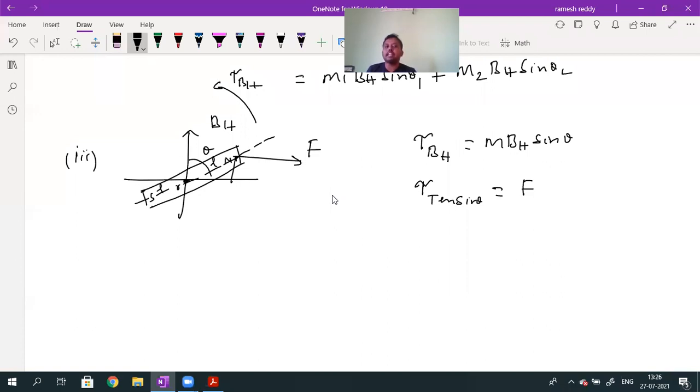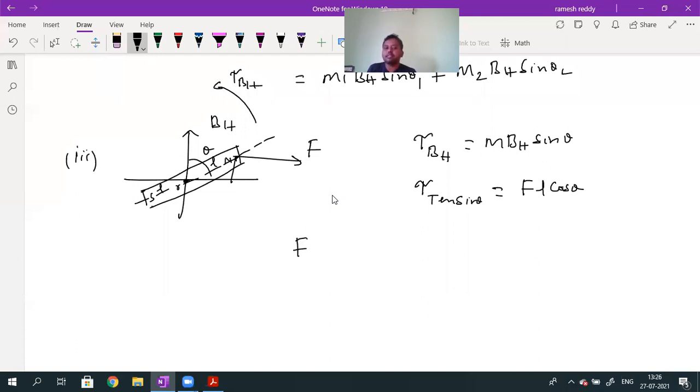Since it is making an angle theta, this angle will be equal to theta. So L can be resolved, and this component will become L cos theta. So the torque is F into L cos theta. Are you getting this, students? This point is important. F into L cos theta is the torque due to the tension in the string.